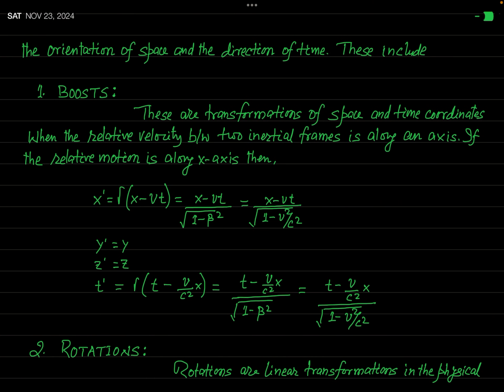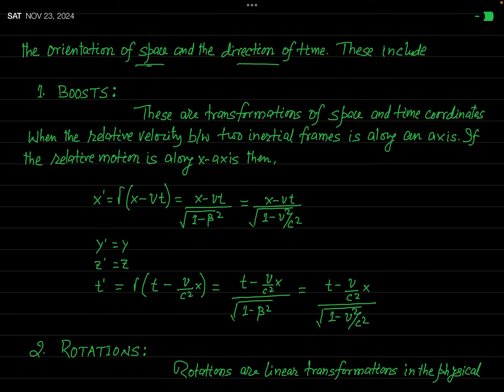These proper Lorentz transformations preserve the orientation of space and the direction of time. It means that in a proper Lorentz transformation, the orientation of the space coordinates does not change, and the direction of time also does not change.